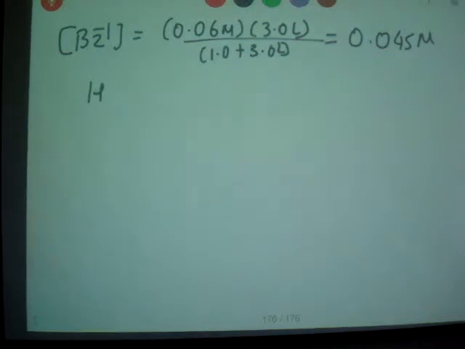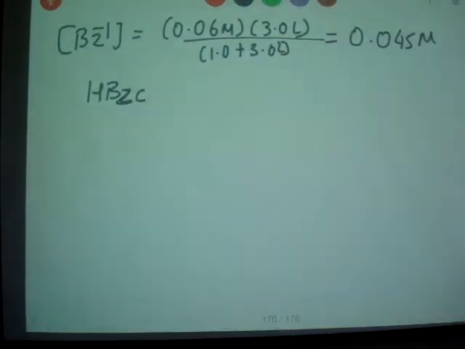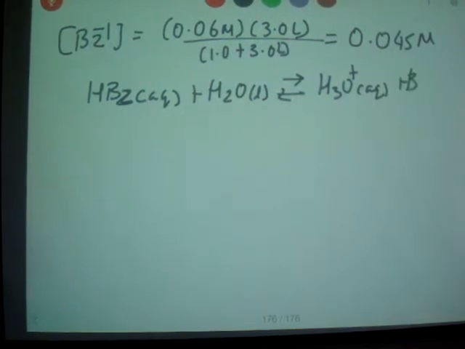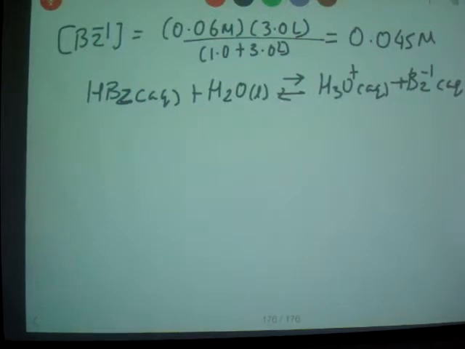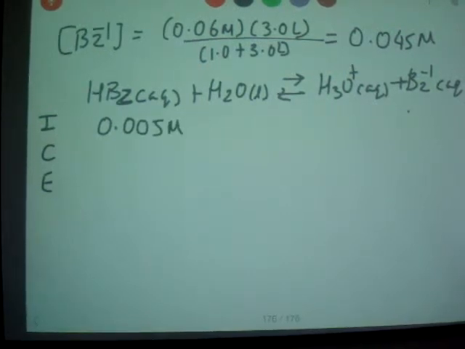So we know that HBz aqueous plus H2O liquid gives H3O plus aqueous and Bz minus aqueous, and we are going to draw the ICE chart. Initial HBz concentration, what we calculated, is 0.005 molar, and Bz minus is 0.045 molar.